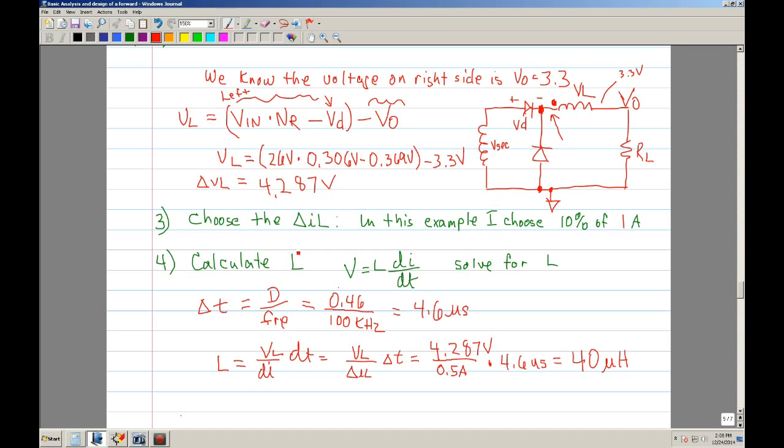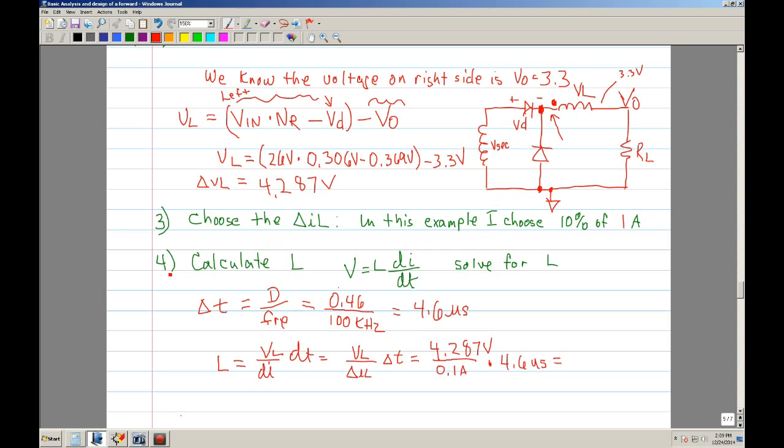That means that this is going to be incorrect. This is going to be 0.1 amp. 10% of that should be that. Since it's going to be 1 amp.